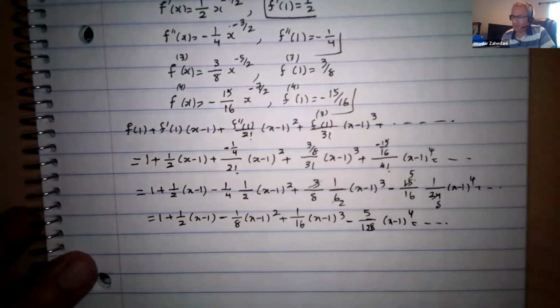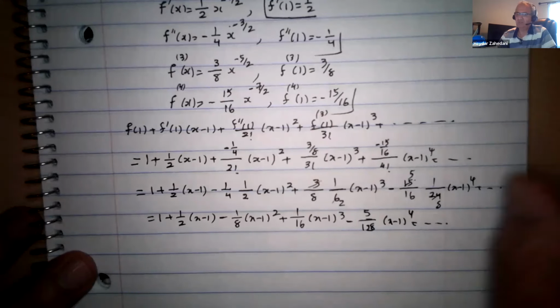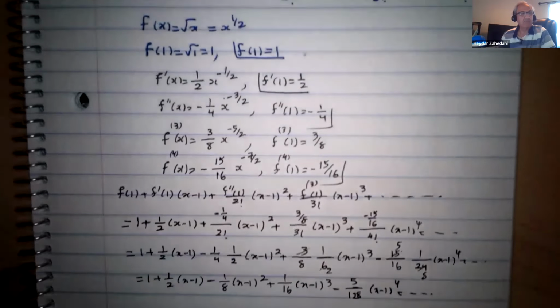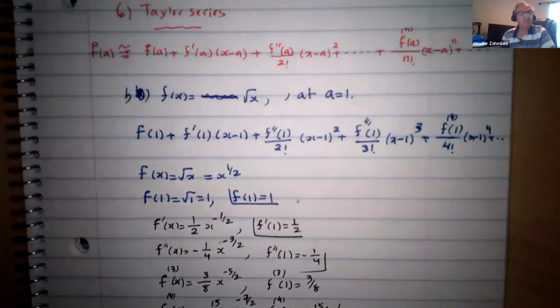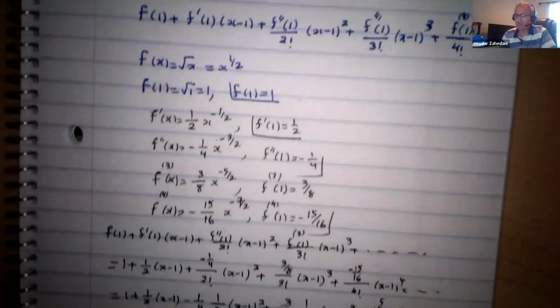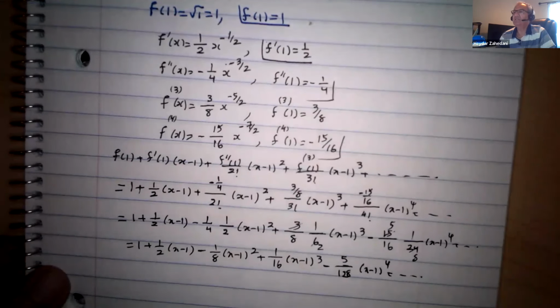So this is going to be the Taylor series, or the first 4 terms of the Taylor series, of the function f of x equal to radical x. So it's not difficult, but you have to be careful to write it down, because we give you different shortcuts to find the Taylor series.